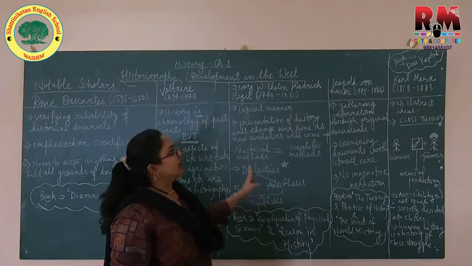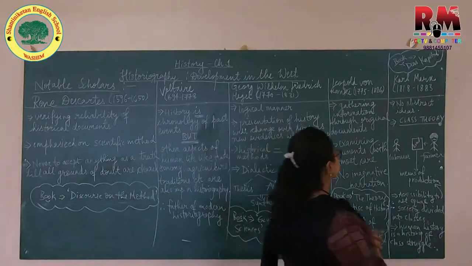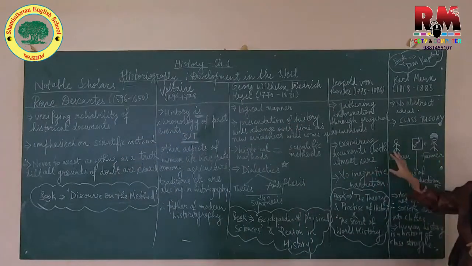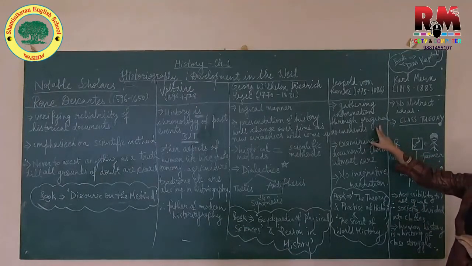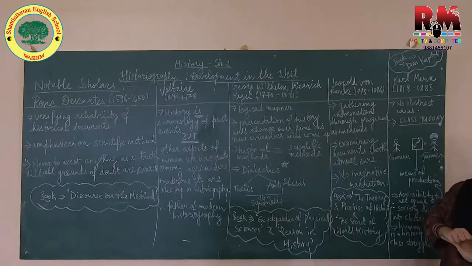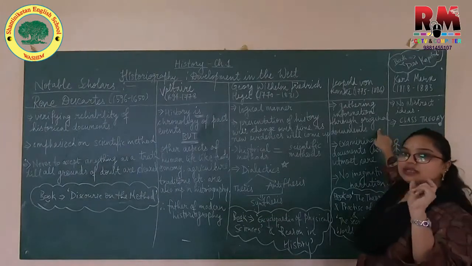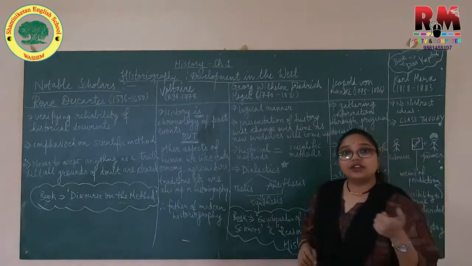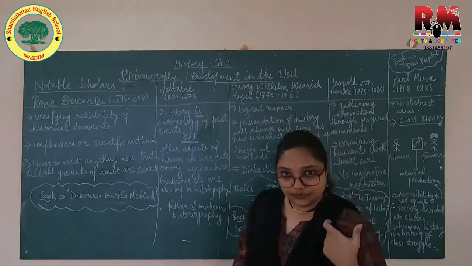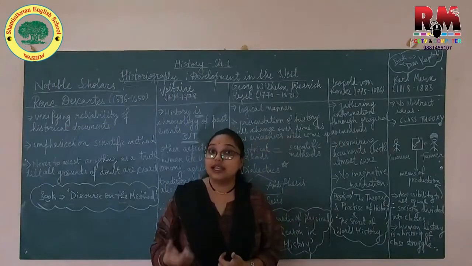Very clear? Now, Leopold von Ranke is our next scholar. He is saying that gathering information through original documents is more important. This sounds somewhat like Rene Descartes, who also said that whatever sources of information you are using should be reliable.